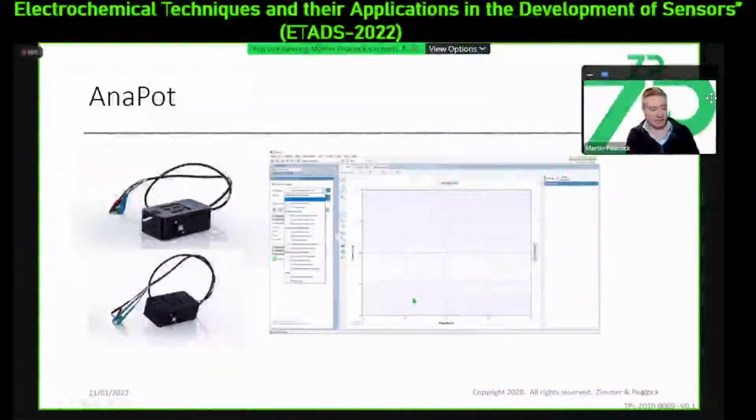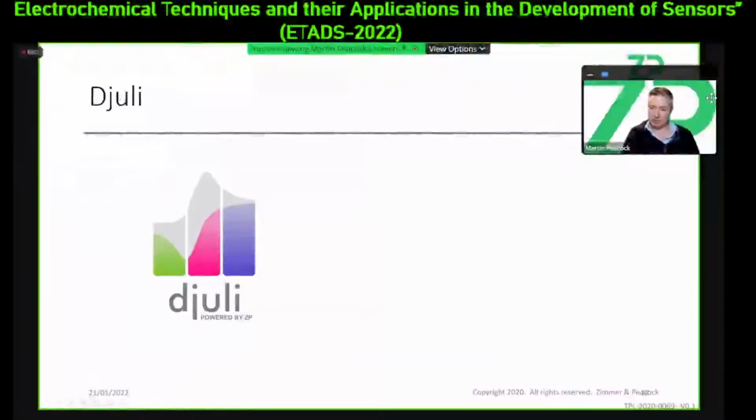We also have a version that does EIS, electrochemical impedance spectroscopy. In a few minutes, some of my guys will log in from Norway. As I say, I'm in London at the moment, and when they do their demonstrations, you'll see them using this software and those potentiostats.